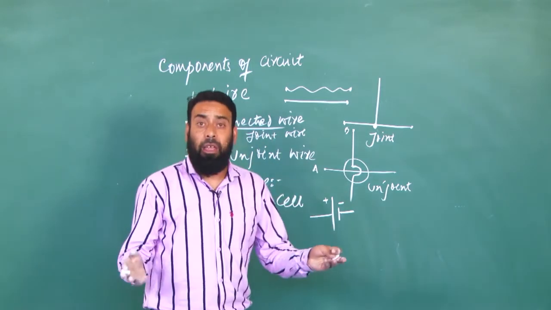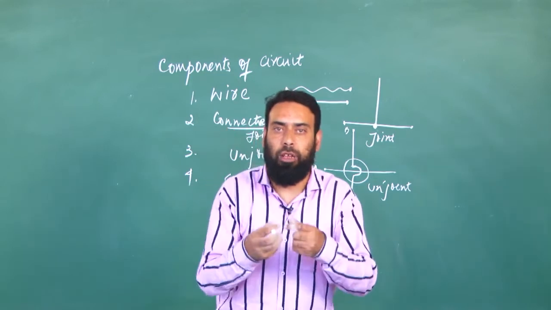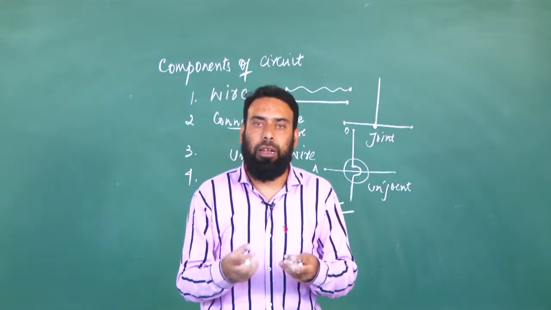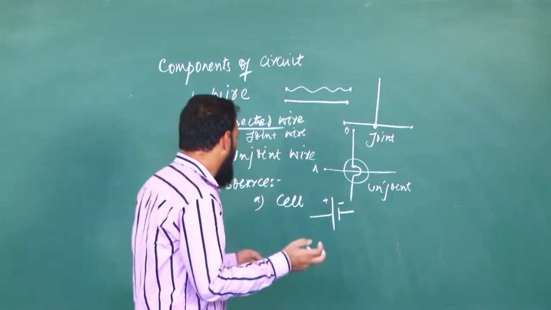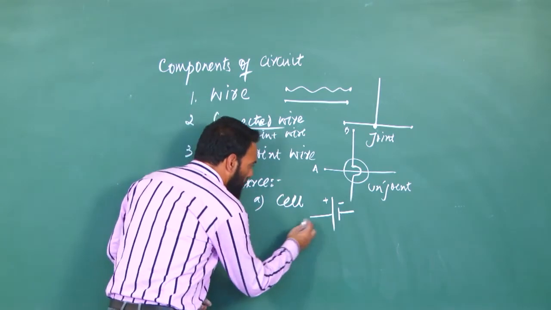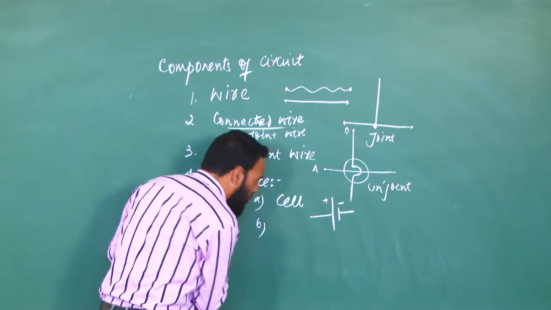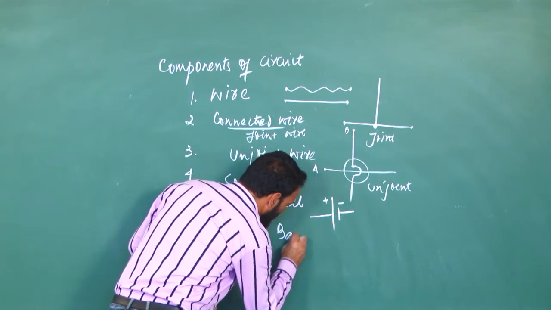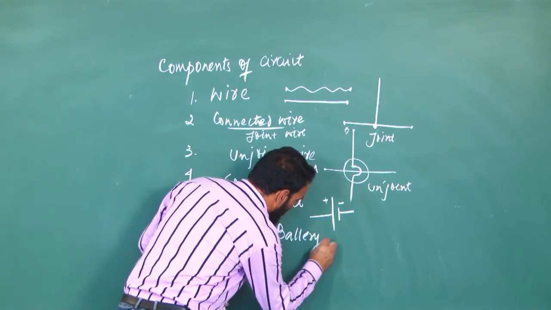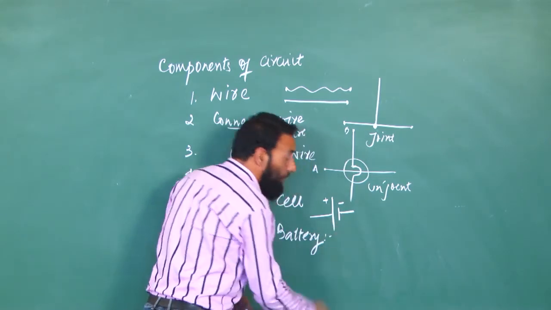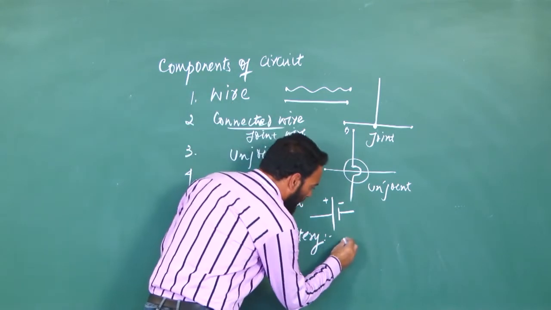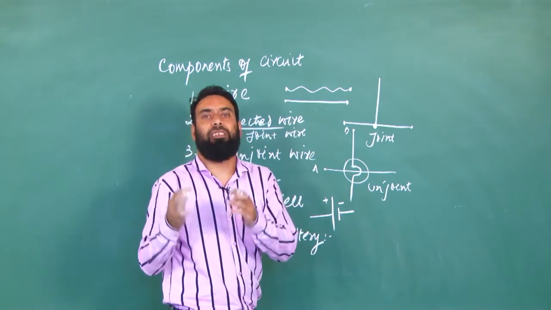When many cells are combined together, they form a battery. So we connect the cells together to form a battery. The second source is the battery. A battery is basically a combination of cells. So I will form a 3-celled battery.